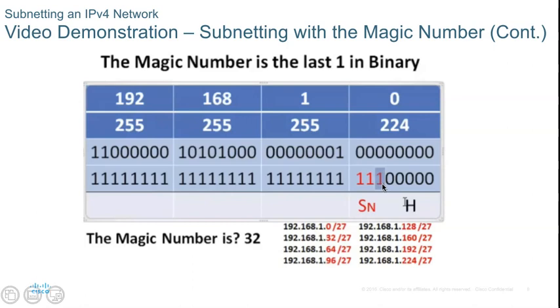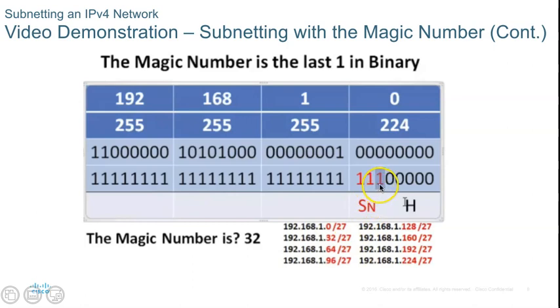Now, how magical is this? I want you to watch this. This is 128, this is 64, and 32. Watch how, using this, we can use 32 to create all the incremental networks that we need. We start 0, 32, 64, 96, 128, 160, 192, 224.